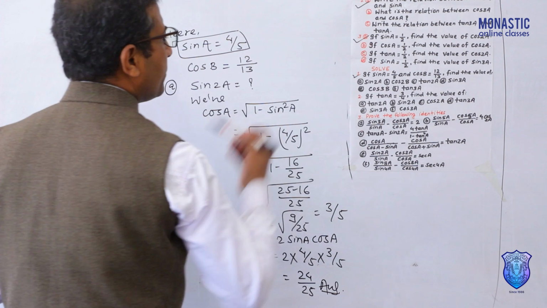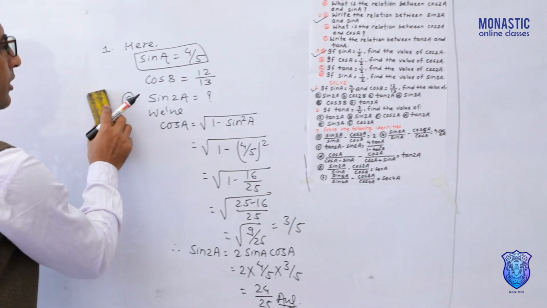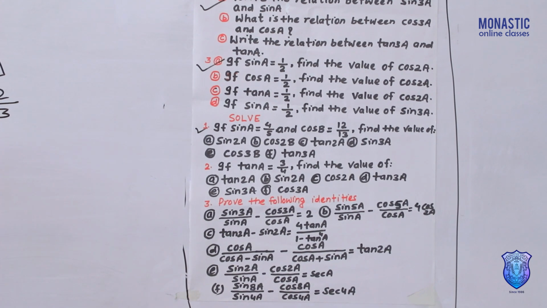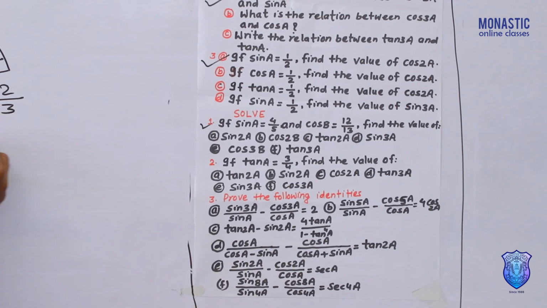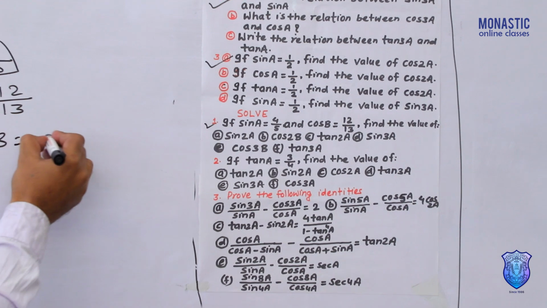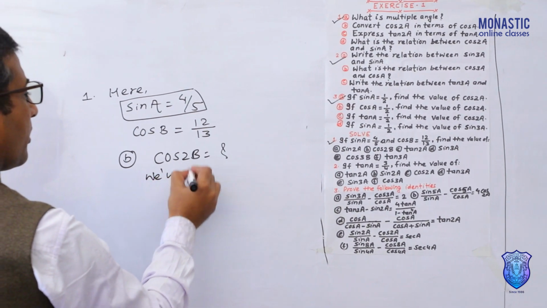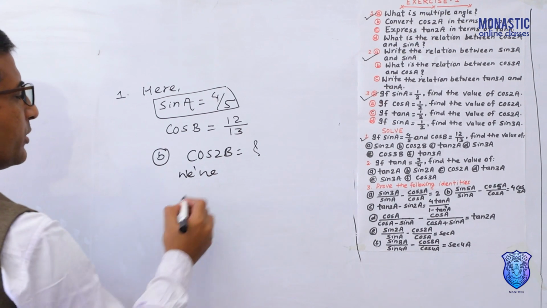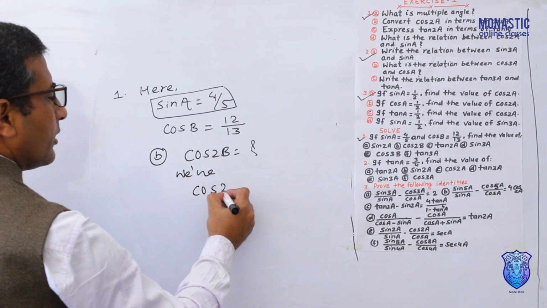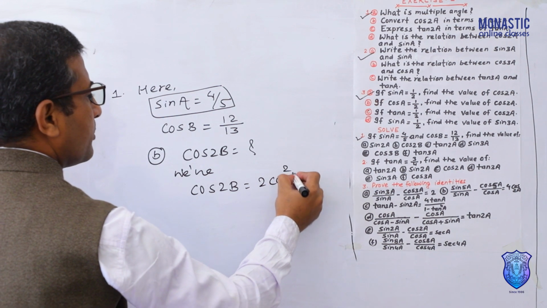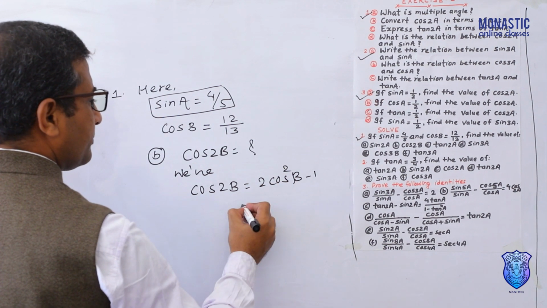For question number B, we have to find cos 2B. We have many formulas for cos, but we know the value of cos B, so we will prefer the formula 2 cos square beta minus 1.